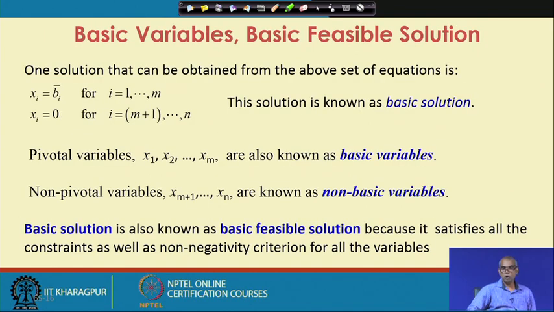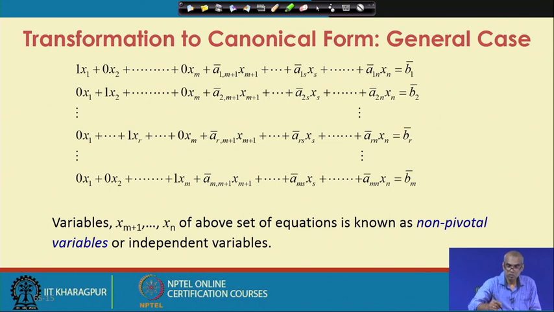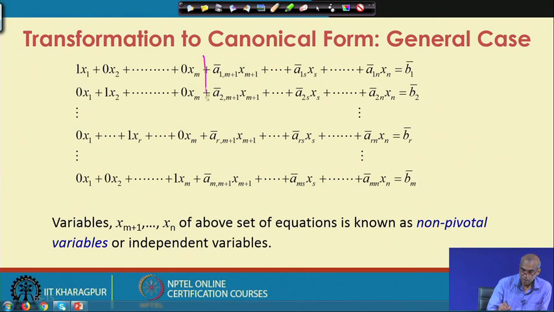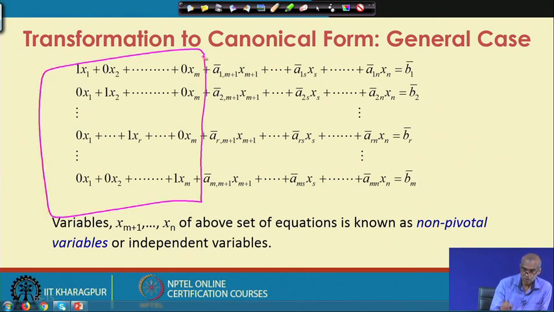So, one solution that can be obtained from the above set of equations is x i equal to b i bar for i equal to 1 to m and x i equal to 0 for i equal to m plus 1 to n. So, how? All we are doing is we are setting x m plus 1 to x n as 0.